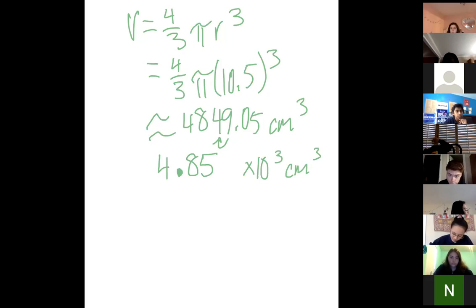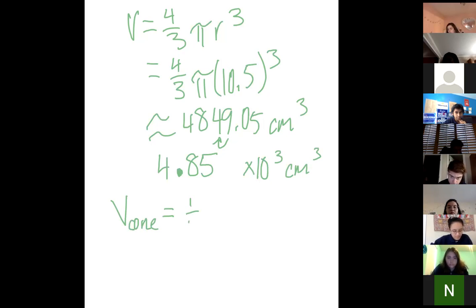All right. So the next question asks if it's melted down and remolded into the shape of a cone. So now I'm going to use the volume of a cone formula, and I end up with 1/3 pi r squared h. I know the volumes are the same in theory.